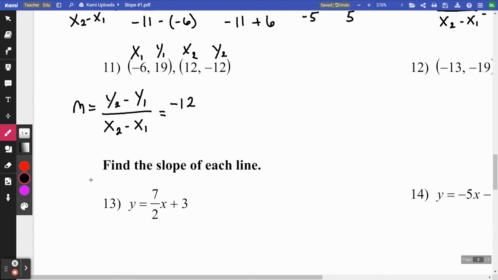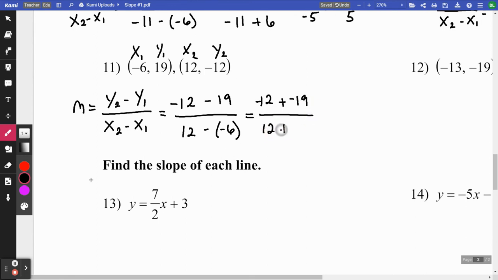Negative 12 minus 19 over 12 minus a negative 6 equals negative 12 plus negative 19 over 12 plus 6. This is a negative 31 over 18. 31 is a prime number, so it's not going to reduce. That's your answer.